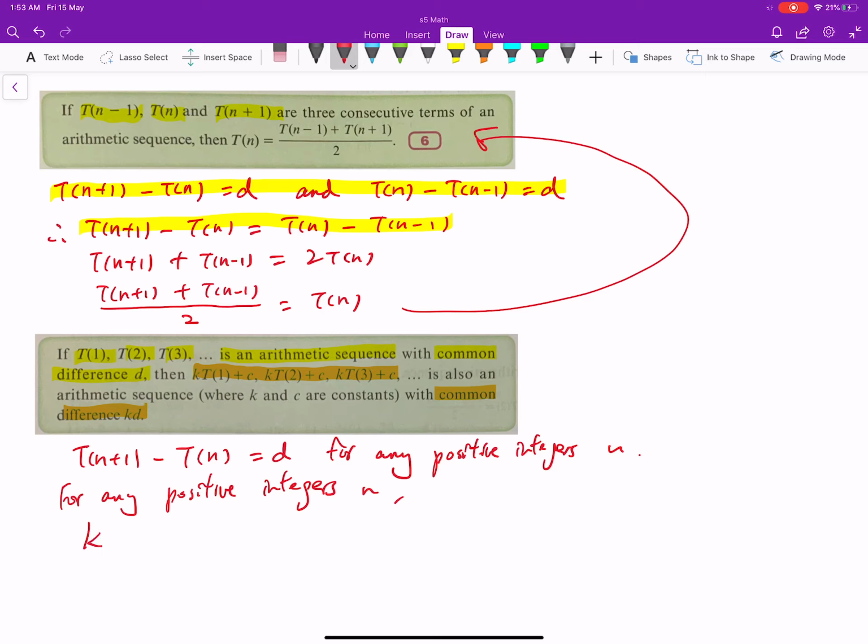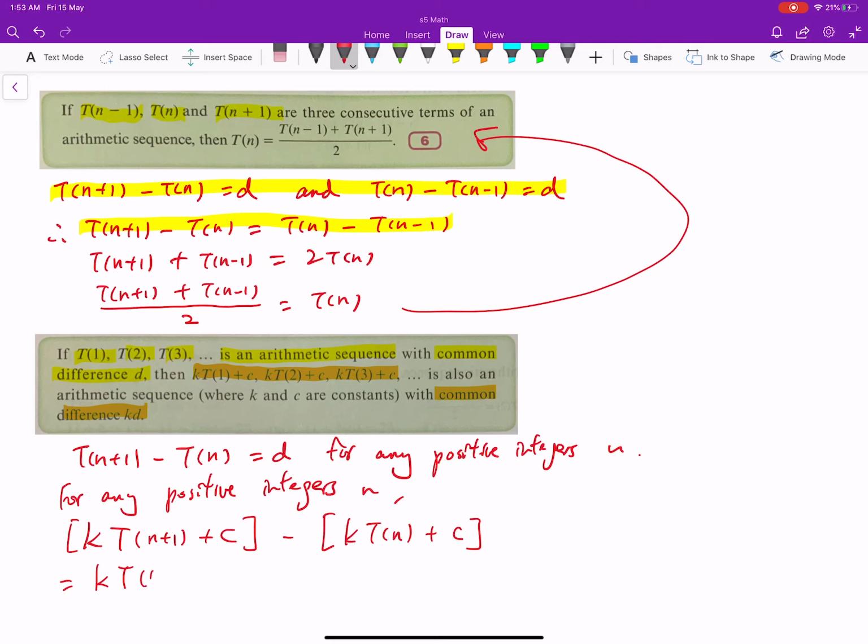we try to look at what is the value of k Tn plus 1 minus k Tn. It means that generally the term minus the previous term in the new sequence.